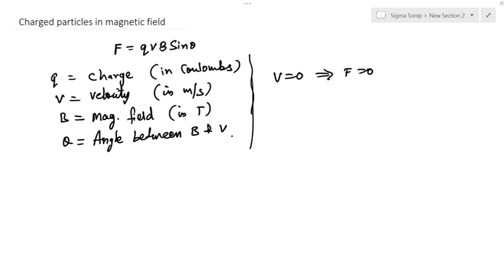So a stationary charge would not experience any force.